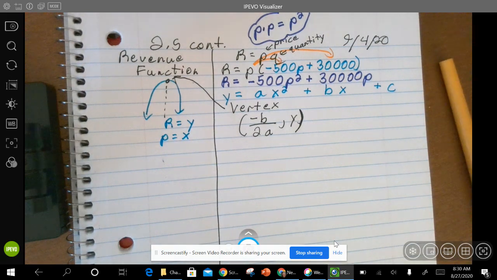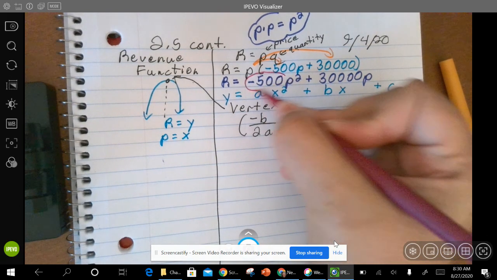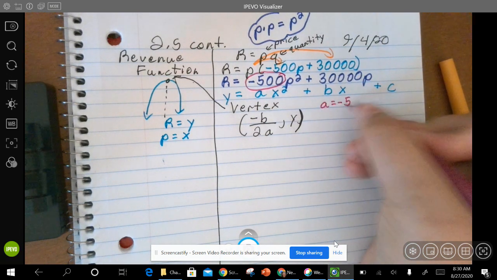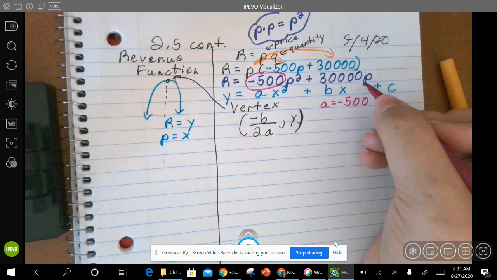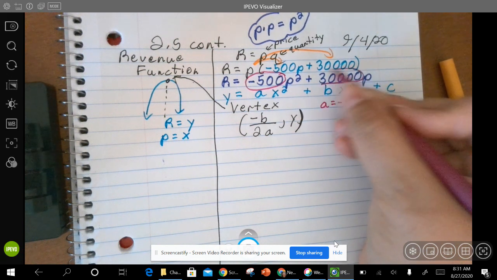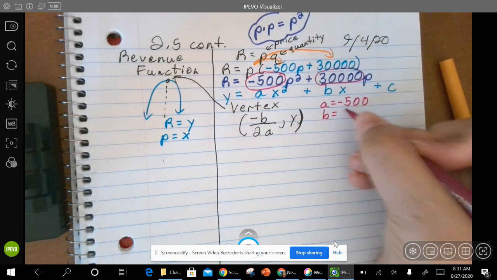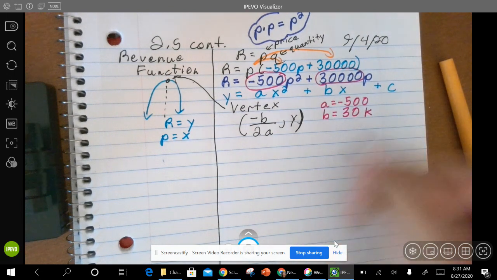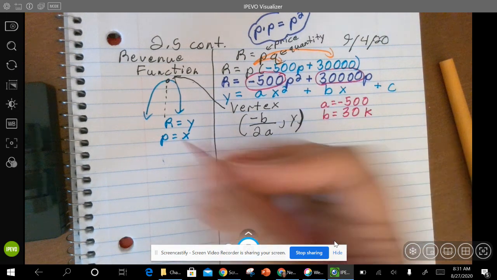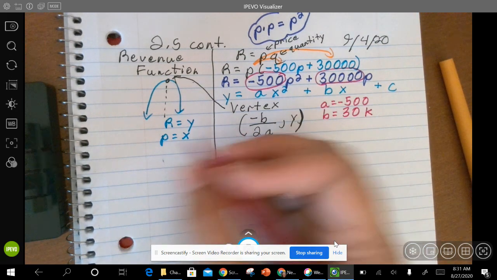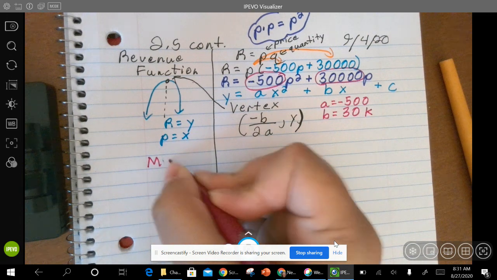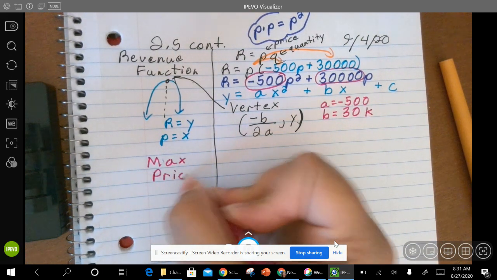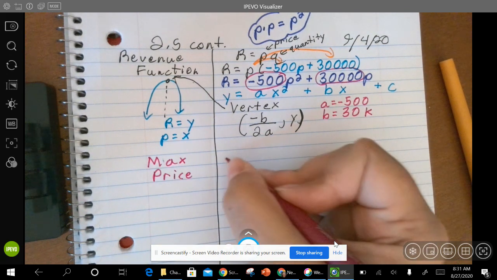Negative 500 is our a value, and our b value is the 30,000. I put a k because it's 1,000, like kilometers is 1,000 meters. Now we're going to figure out the maximum price. That's for our x value, everybody.